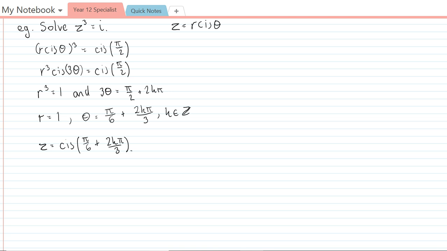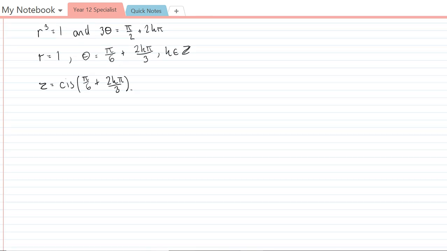And so I can basically start finding solutions just by substituting in various values for k. So I'm going to start off just with k equals 0. I think standard procedure would be to use the values of -1, 0, and 1, but I'm just going to use positive values and just convert to an equivalent negative angle.